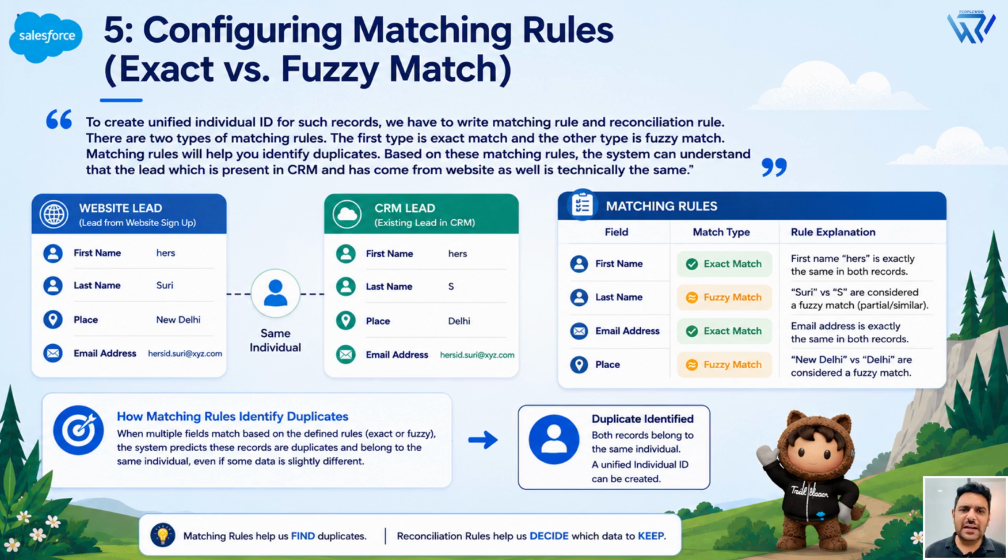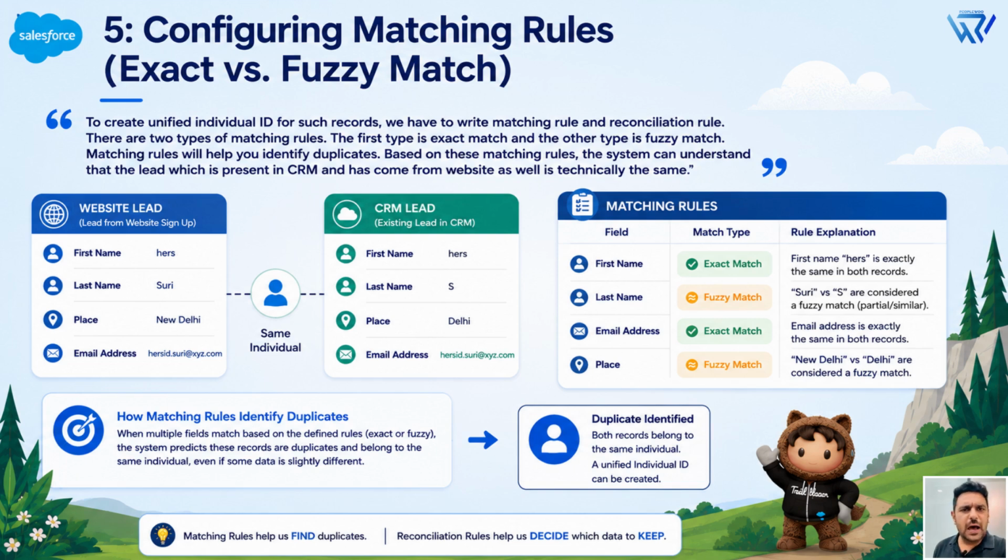So what we can write as a matching rule here is: exact match first name, because first names are common at both places. Fuzzy match last name, because in one place I have the full last name and in the other only S is written.